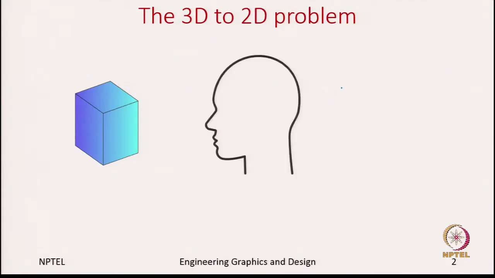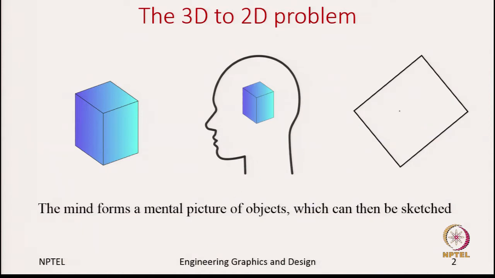So, when I look at the object, I make a mental picture of it, and once I have this information, I need to process it such that I represent this object on a paper where we can convey it. For example, since this is a simple cube, one can depict the cube in this fashion.